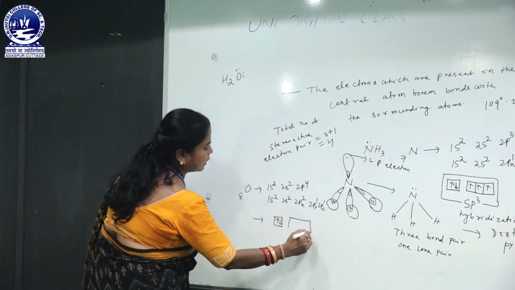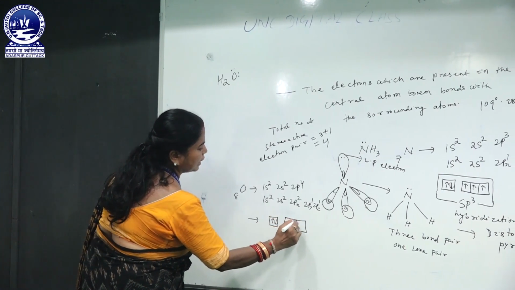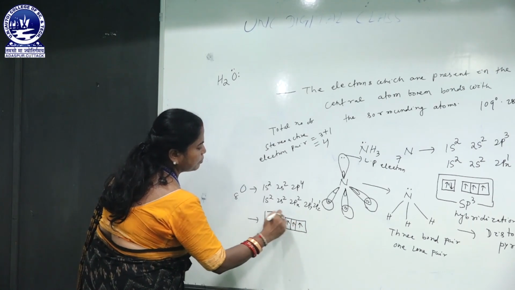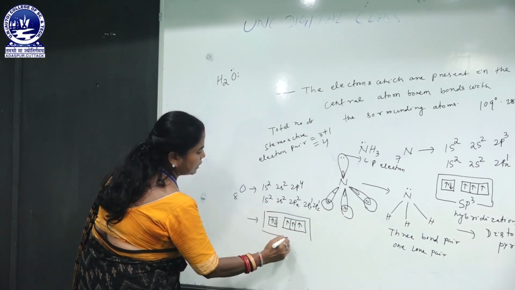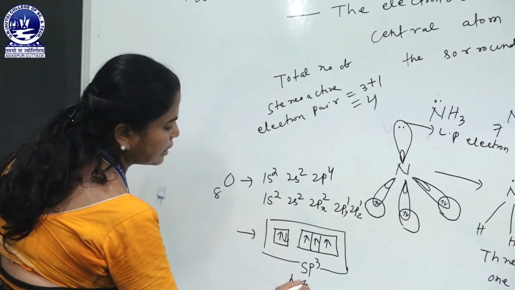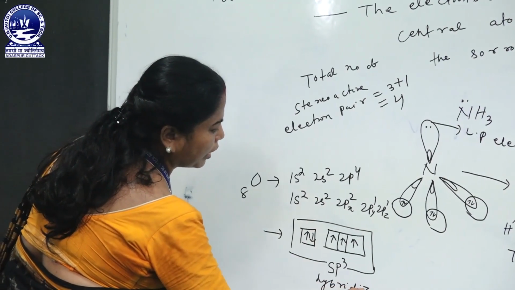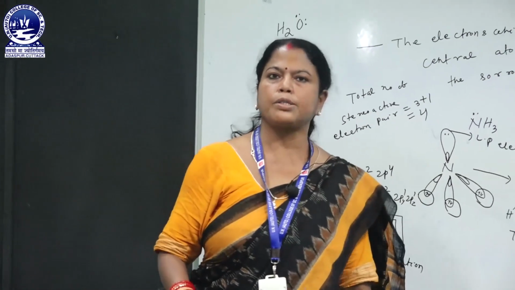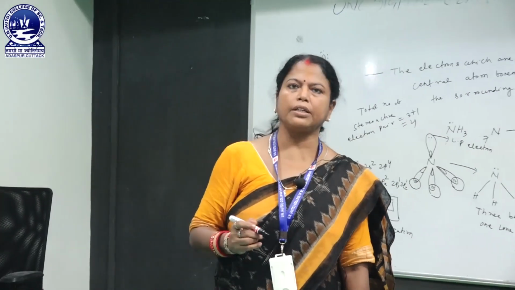So how does it undergo hybridization? Let us see that. This is the box model representation of sp3 hybridization. It also produces 4 non-equivalent sp3 hybrid orbitals.